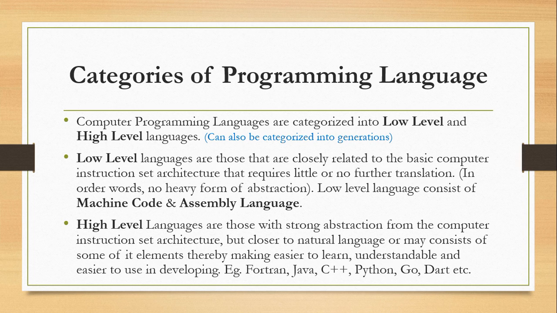I think I'm going to tell you a little story about it, because I don't know the best way to explain it now, and it might take all the time. Just know that high level languages have strong abstraction from the computer instruction set, but they are closer to natural language, human spoken language, and may consist of some English elements, thereby making them easier to learn and understand while developing.